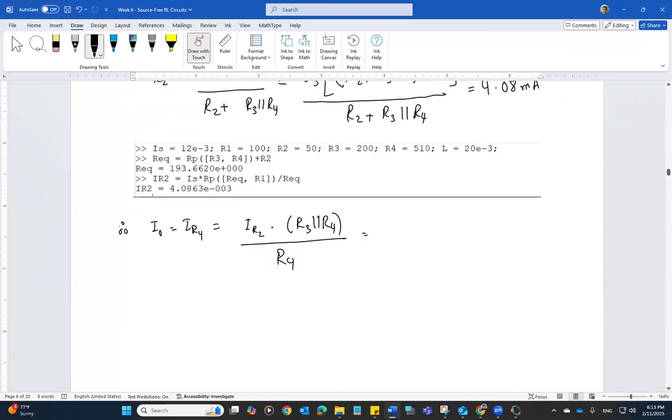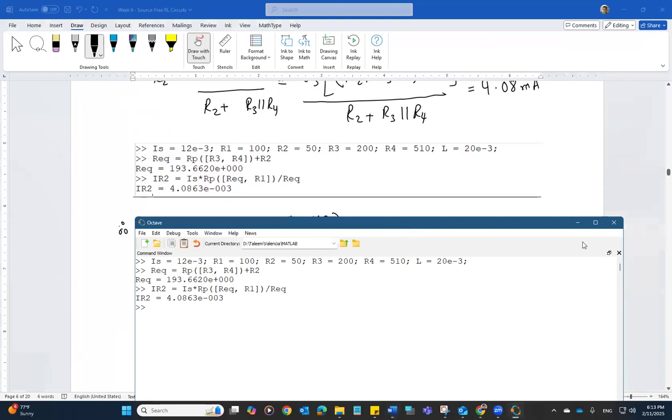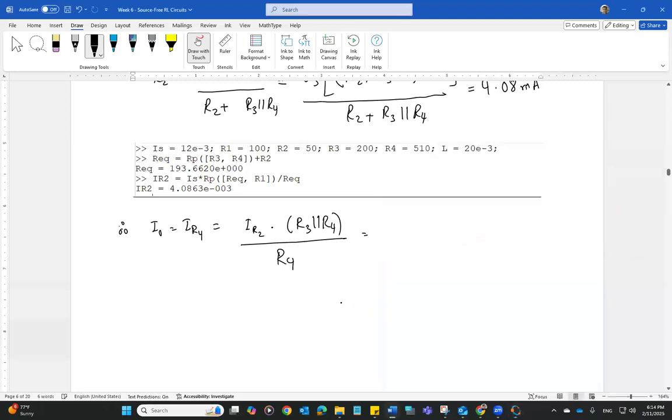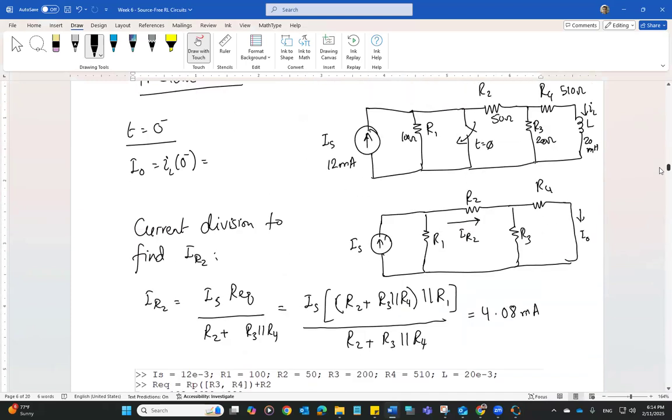Let's go ahead and calculate that. I naught is equal to IR2 times parallel combination between R3 and R4 divided by R4, 1.15 milliampere. So that is my initial value of inductor current, I naught.